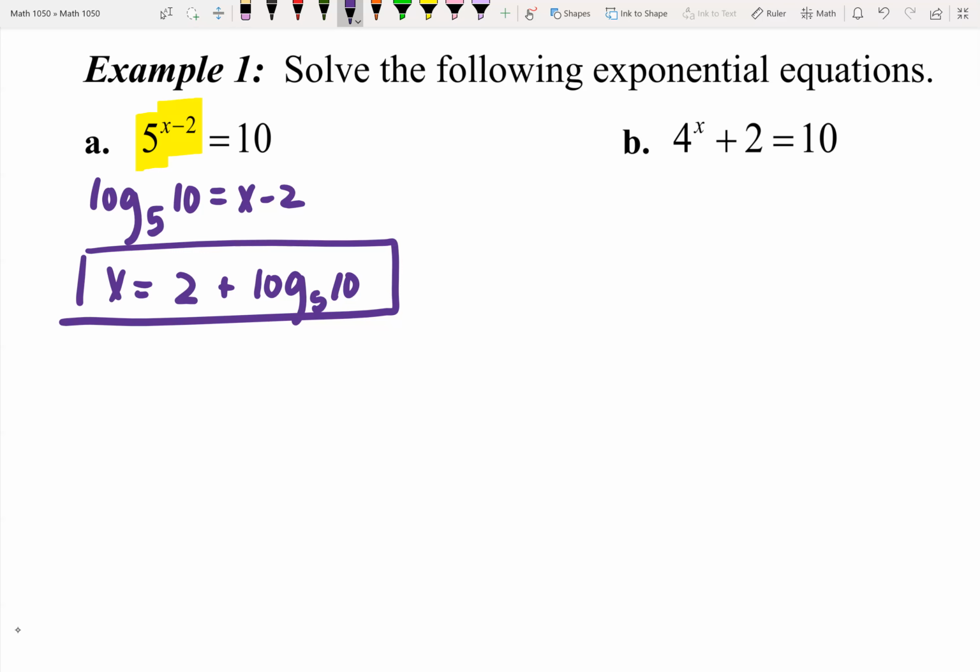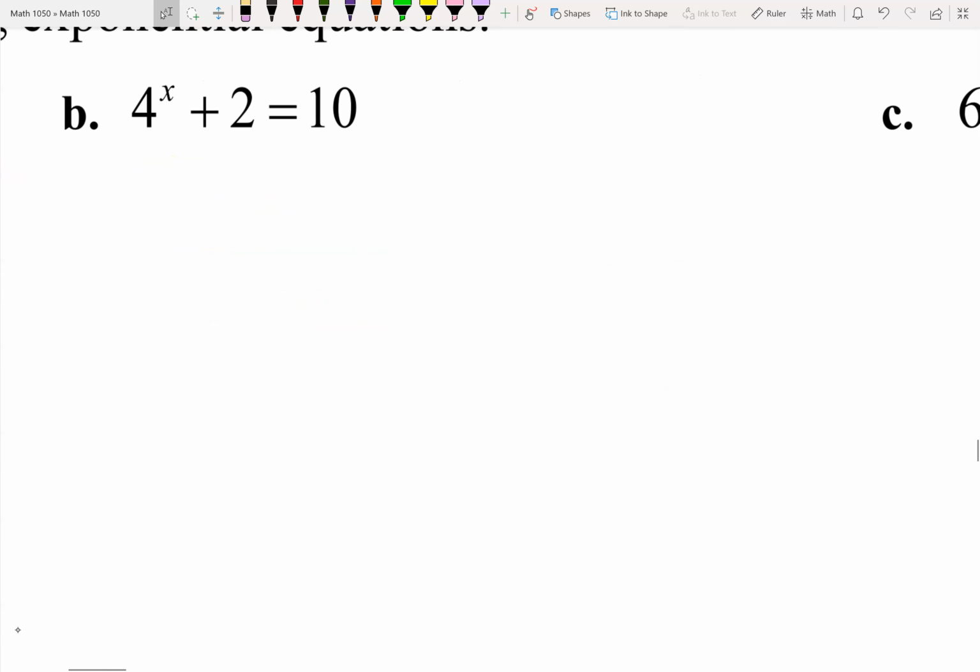A parenthesis. Because in the exponent, I have x minus 2, 2 things. So I have to go parenthesis, x, enter, minus 2, close it, enter. I just checked it. I got a 10. Okay, so if you have a problem that's solving x equals something, there's not any more variables over there, you can always check it.